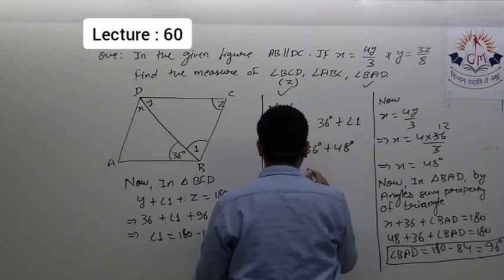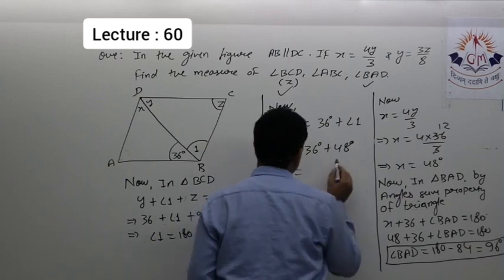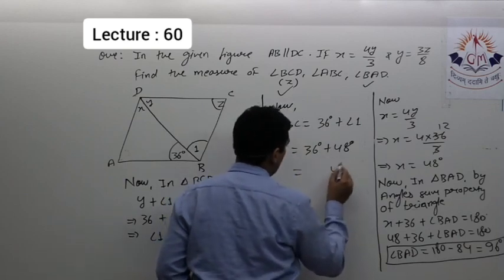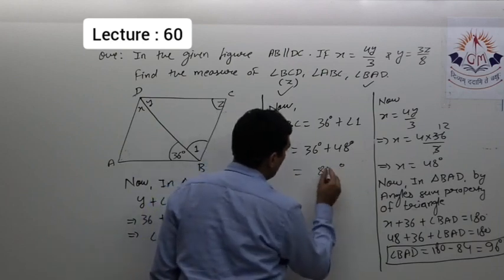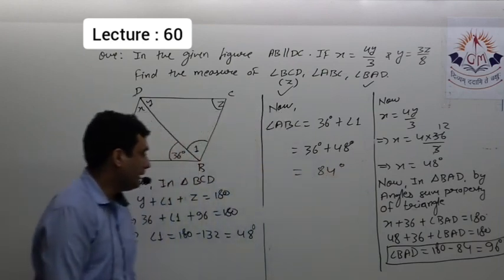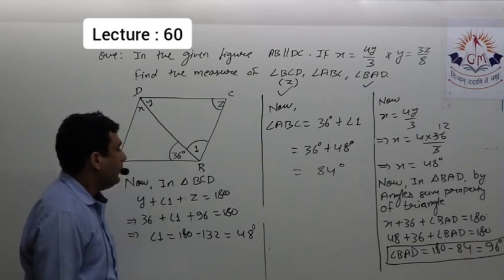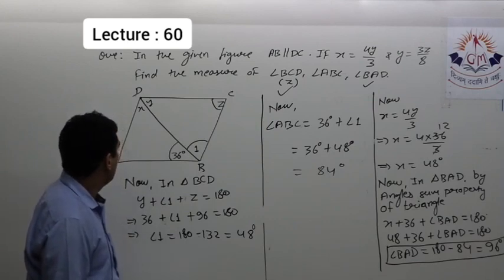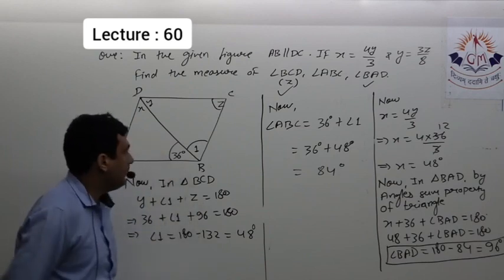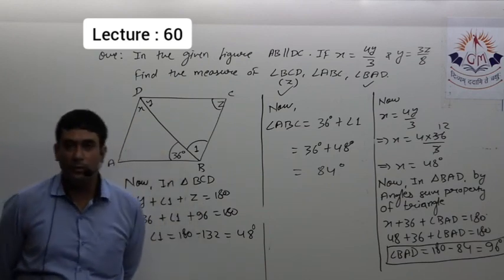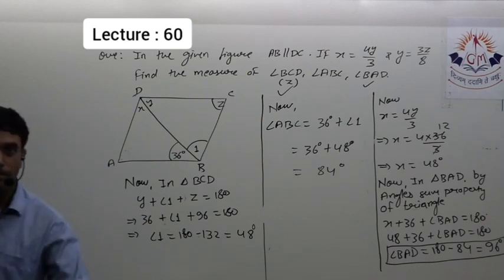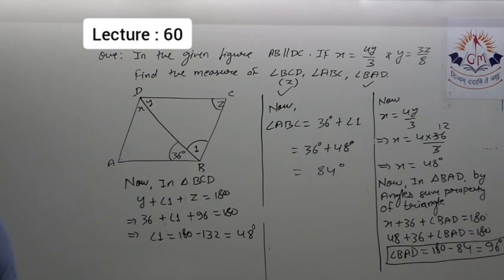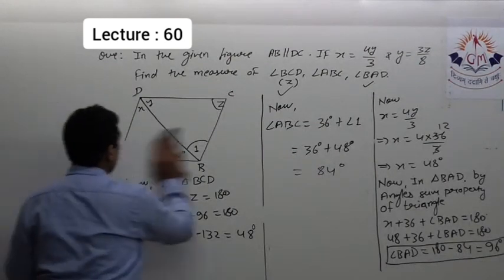That finally gives you 84 degrees as the measure of angle ABC. So here we obtained the measure of all the angles. Please note it down, then we'll see the next question.